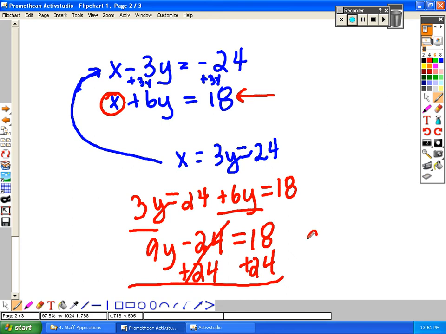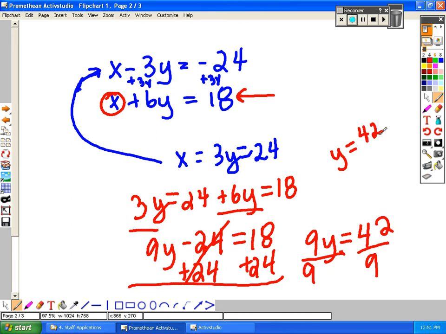And I'm going to end up with 9y is equal to 42. Now, I divide both sides by 9. And now I have an improper fraction. Now, 42 divided by 9 does not go in evenly. So I can leave y as the fraction, 42 over 9.